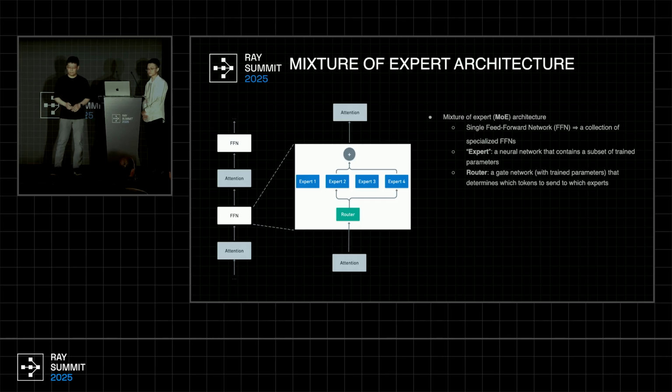And the router is a gate network with also trained parameters that determines which tokens to send to which experts. After the tokens are routed and the matrix multiplications are performed at the experts, the results are weight summed together, and they are sent to the next layer of attention.